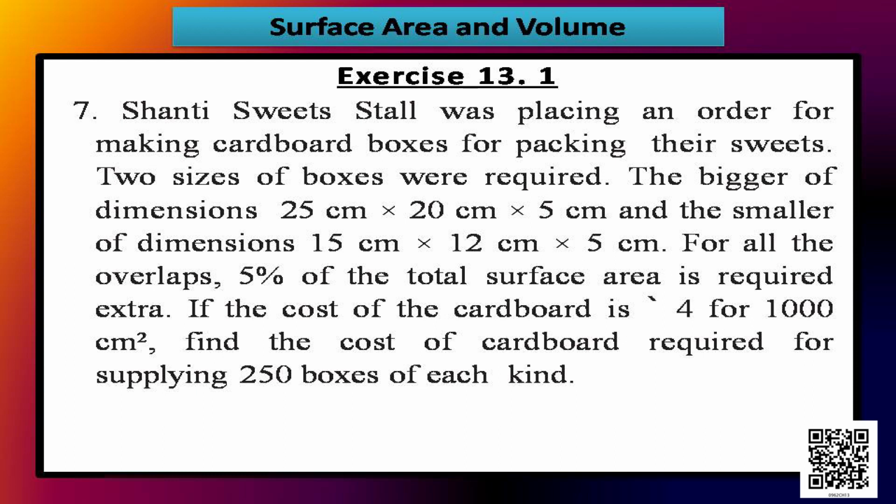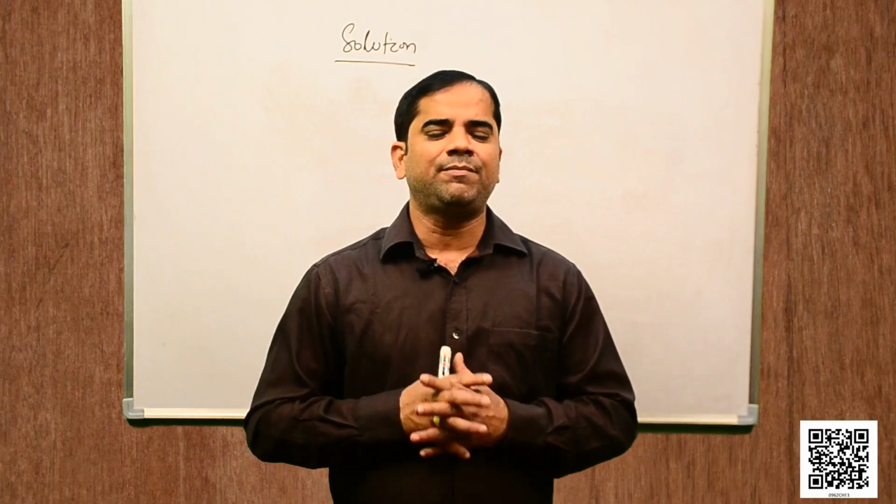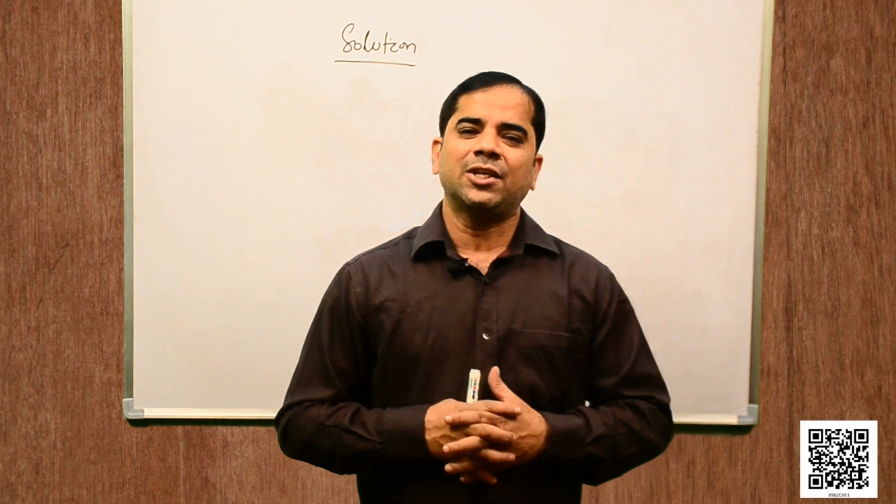For all the overlaps, 5% of the total surface area is required extra. Okay. If the cost of the cardboard is rupees 4 for 1000 centimeter square, find the cost of cardboard required for supplying 250 boxes of each kind. Okay. So, this is the question. Let us now discuss the solution.